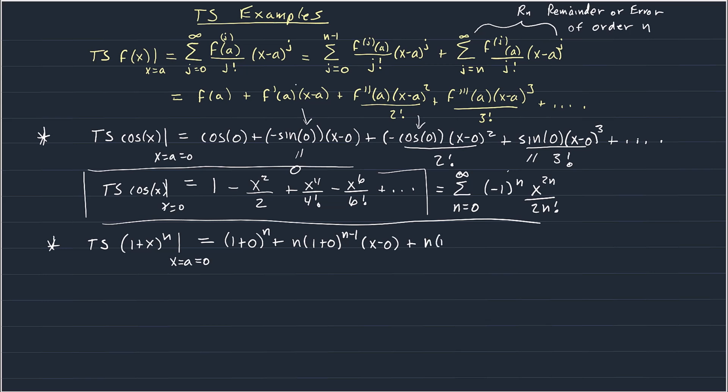So that's n times n minus 1 times 1 plus x evaluated at 0, and this is x minus a, which is again 0, squared over 2 factorial. And this is the second derivative. For the third derivative, we already have the n and the n minus 1. And this, oh, I forgot to write this out. So this is n minus 2, right? And so we have to multiply n and n minus 1 times n minus 2 to get the third derivative.